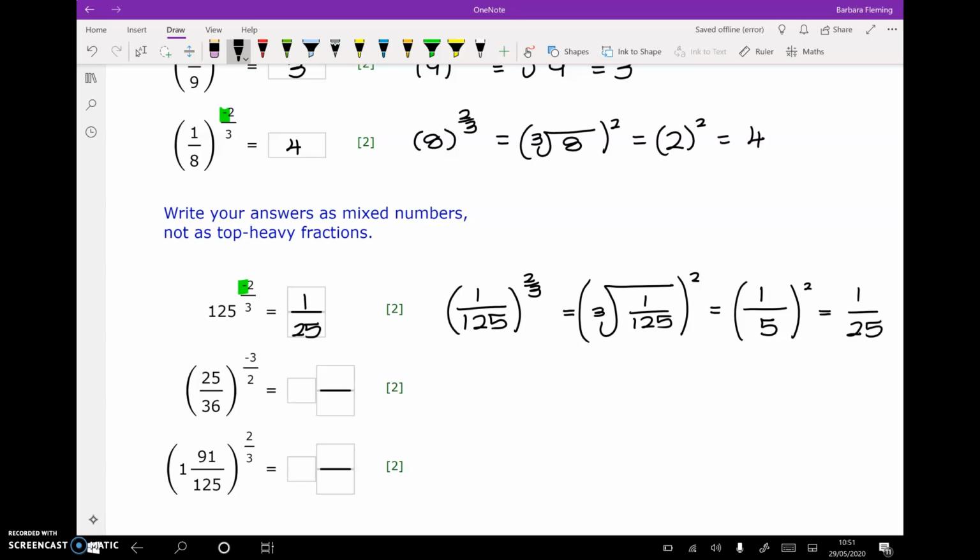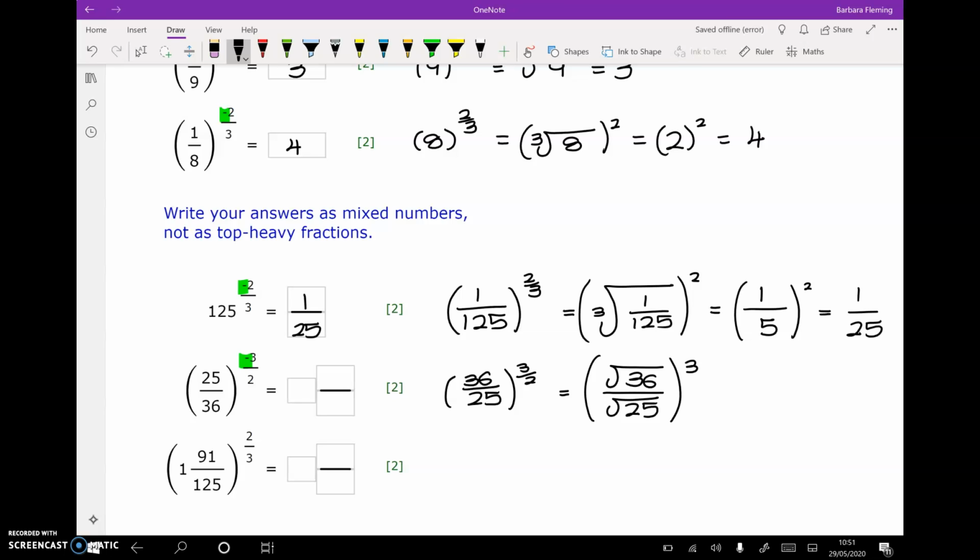Then we've got 25 over 36 to the power of negative 3 over 2. So again, let's deal with that negative first. We'll flip that fraction upside down, so that'll be 36 over 25. So you've dealt with your negative, and we've got 3 over 2 still. Okay, so your denominator, it's going to be the square root. Let's write this a slightly different way. We could do the square root of 36 over the square root of 25, rather than putting it over the whole thing. It's the exact same thing to do.